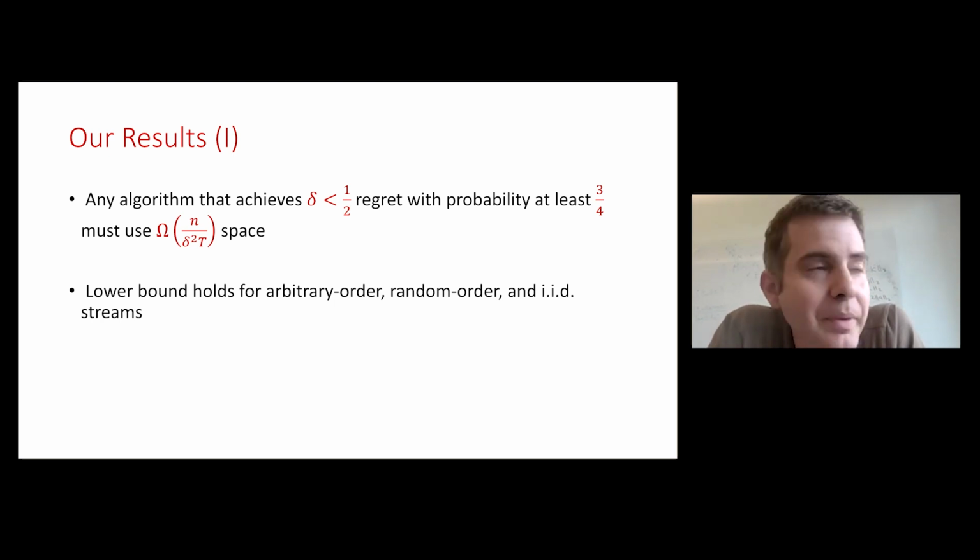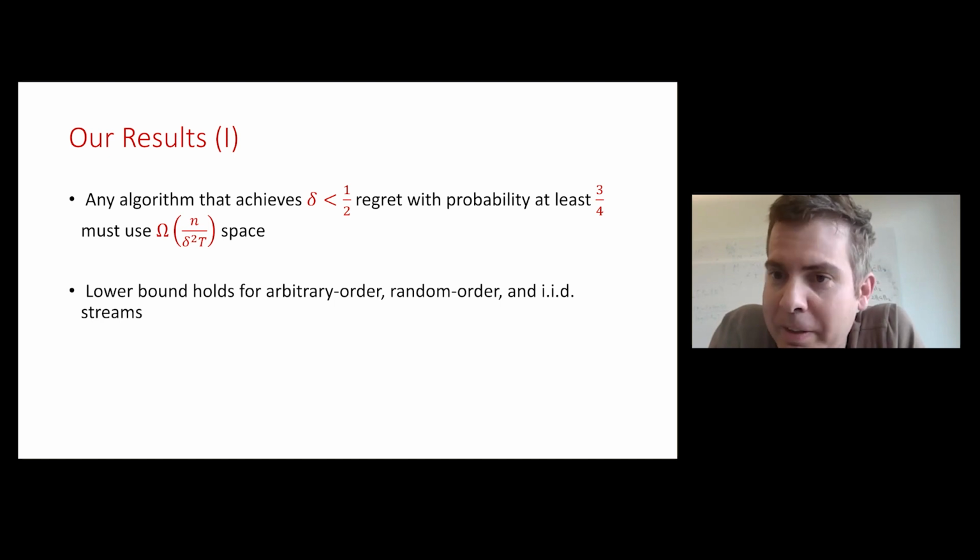But let me just put this bound in perspective, okay? So the standard regret that you get in offline algorithms is like square root log n over t. Let's forget about log factors. So we think of it as square root 1 over t. You plug in delta as square root 1 over t in this bound, you get n memory. Okay, you can't achieve the standard regret bounds in the streaming model.